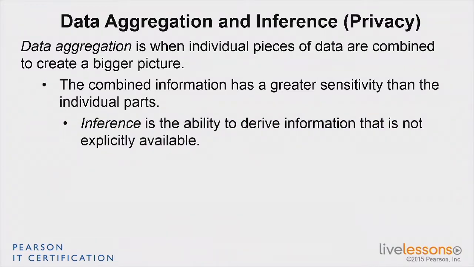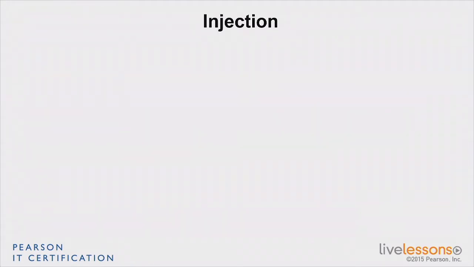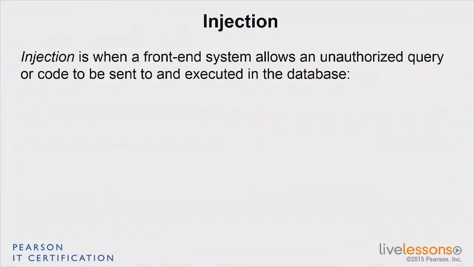Inference is the ability to derive information that's not explicitly available. Again, another potential privacy violation. An injection attack can lead to unauthorized access. Remember, as we've talked about earlier, injection is when a front-end system allows an unauthorized query or code to be sent to and executed.